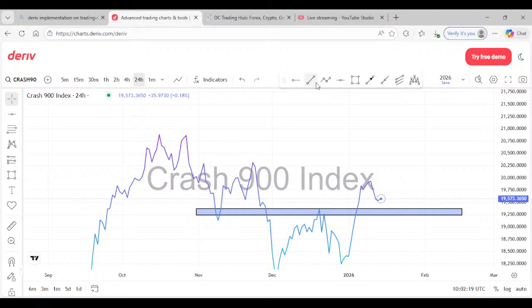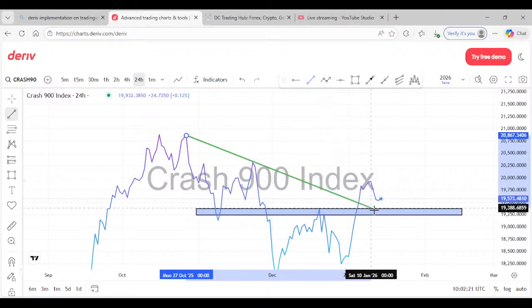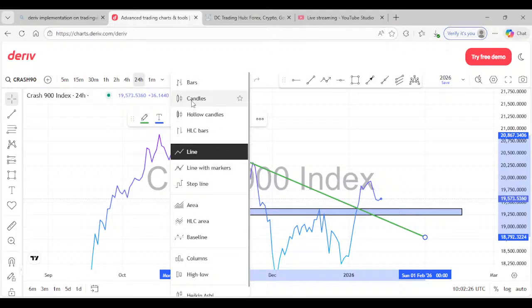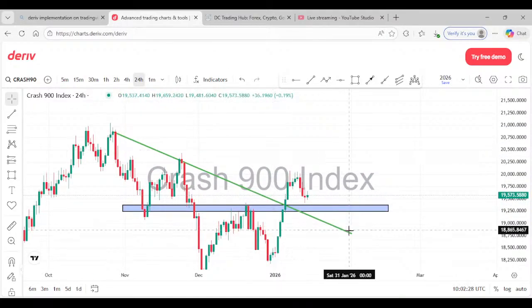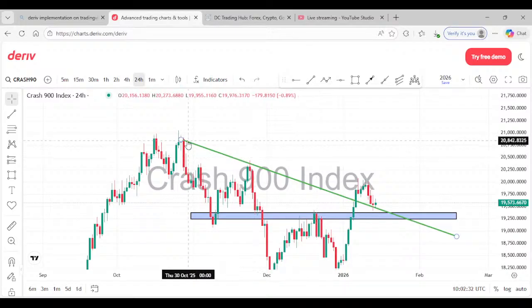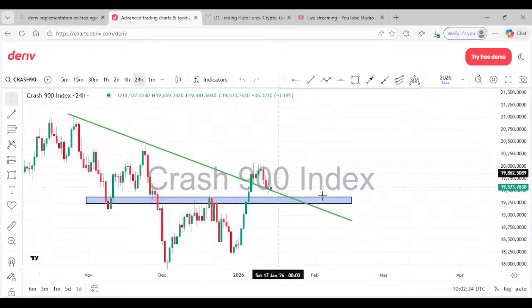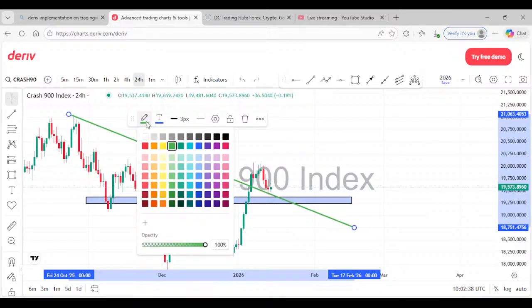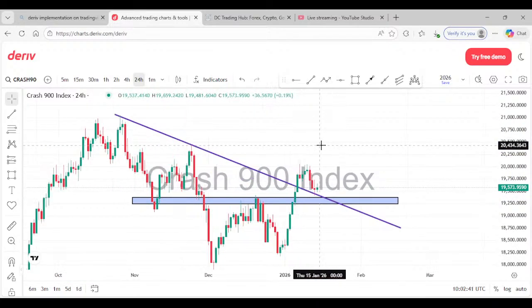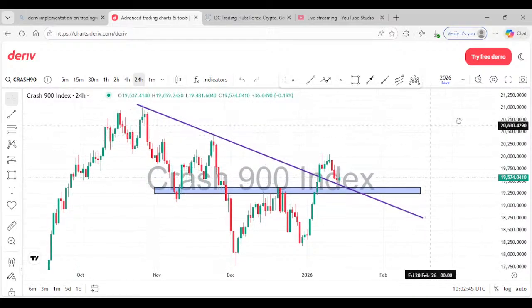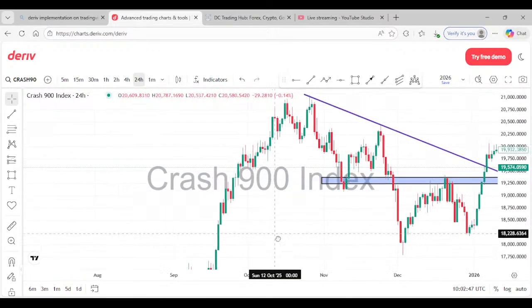And secondly, we also have a trend line, which is this level. Okay, now it makes sense. So overall the trend is moving up, the price is moving up.